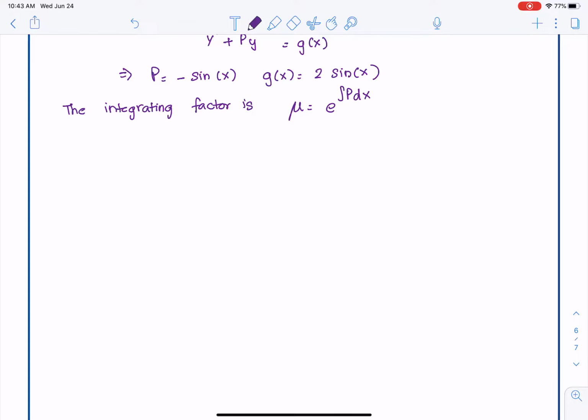which equals e raised integral p times dx. So we have e raised integral negative sine x dx. And we know that the integral of sine x is negative cosine x.